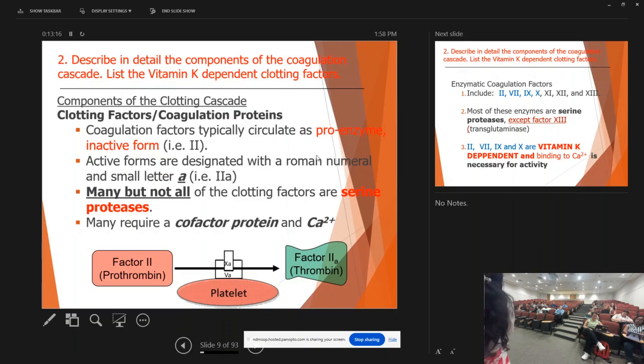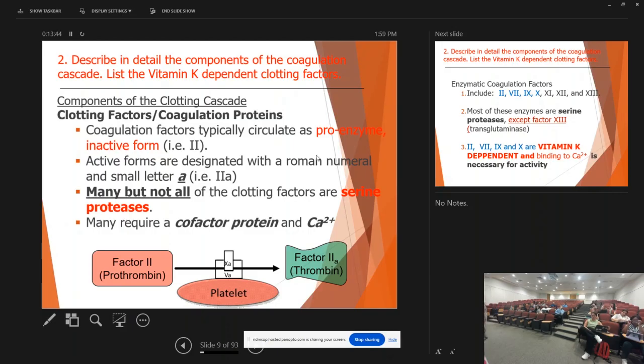Only then does it get converted. If this is not forming a complex, this will not happen. Okay? And this will only form a complex because it has received the signal earlier that there is a break, right? An injury has happened to the vessel.